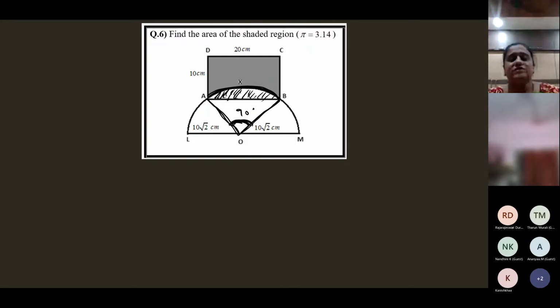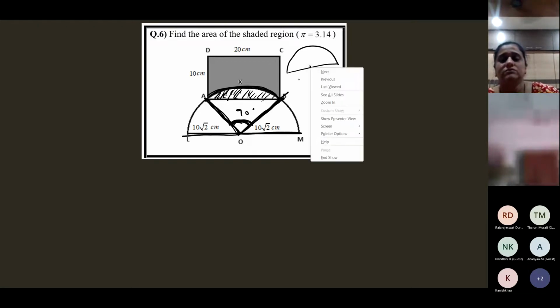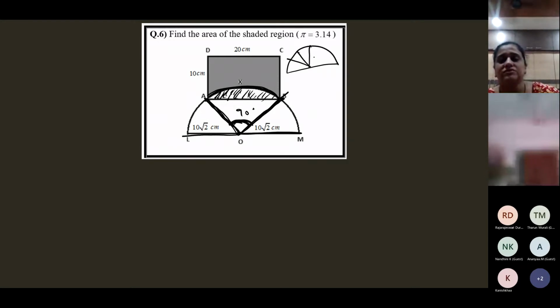So how do you find the area of the sector? 90 by 360 times pi r square. The radius is 10√2 because OM, OL, OB, OA are all radii.